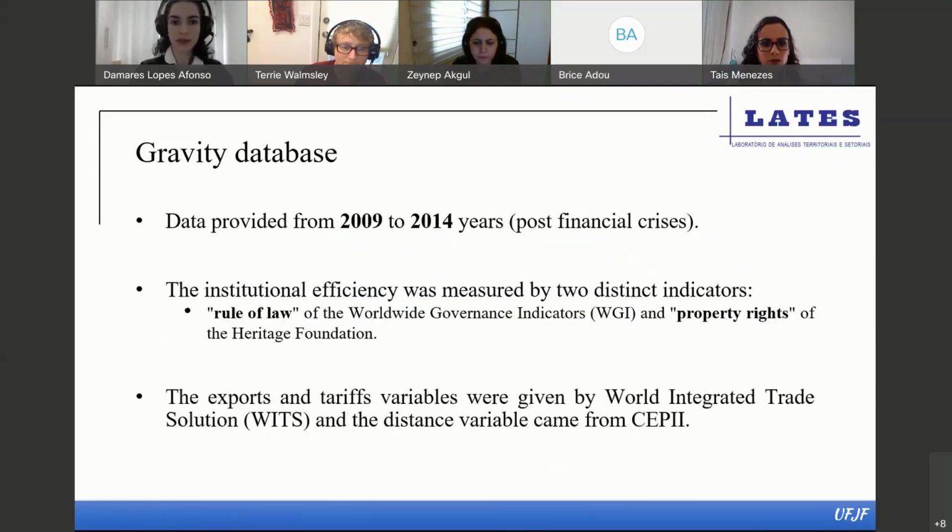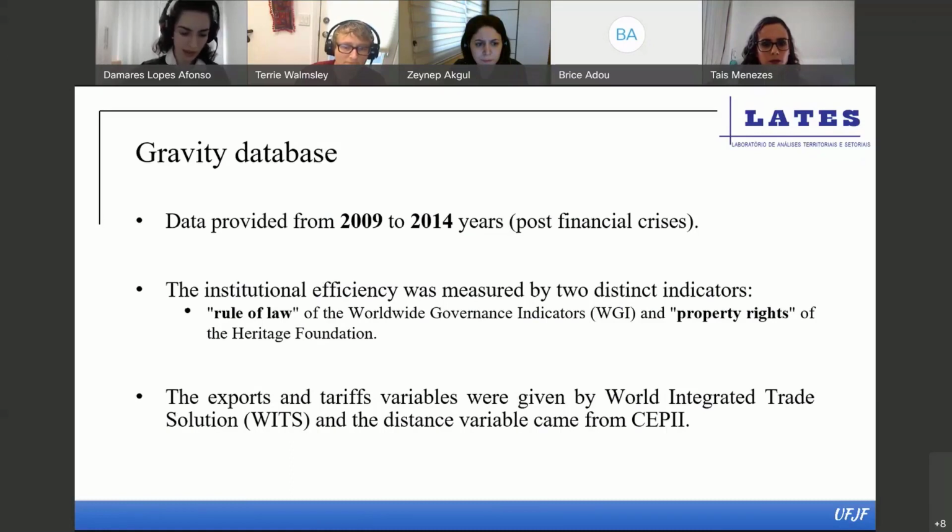Our database covers 2009 to 2014, the period post the financial crisis of 2008. Institutional efficiency was measured by two distinct indicators: rule of law of the Worldwide Governance Indicators and property rights of the Heritage Foundation.